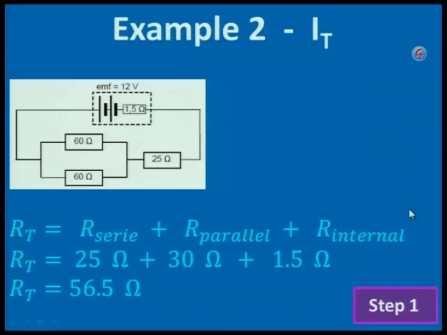So, if we want the total resistance, the resistance in series is 2.5 ohms. The resistance in parallel, we just calculated to be 3 ohms, plus the internal resistance, given in the question, 1.5 ohms. So that gives you 7 ohms.